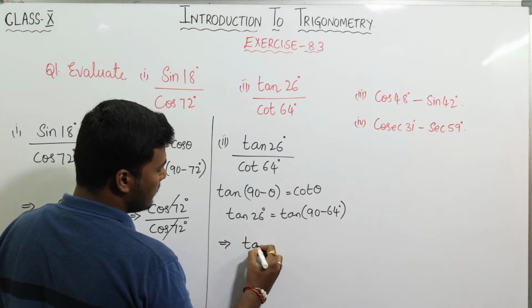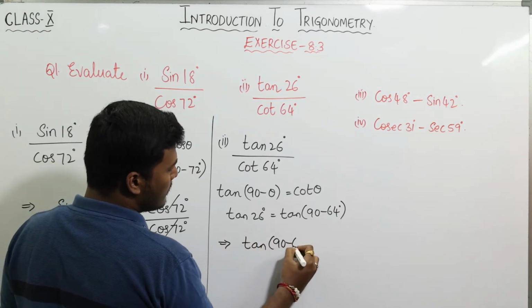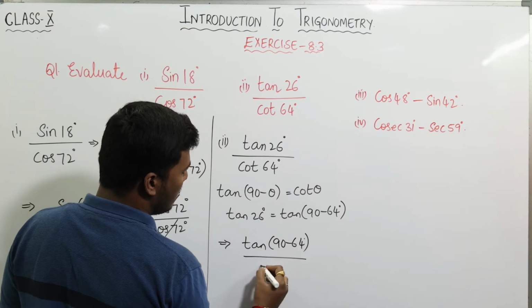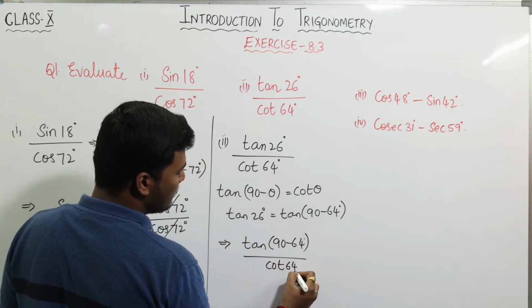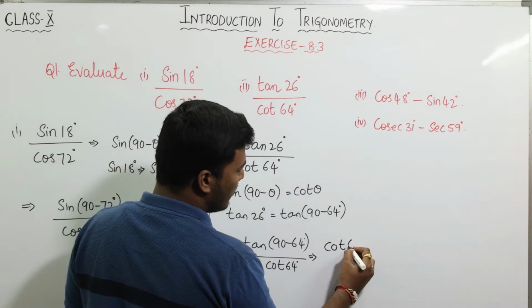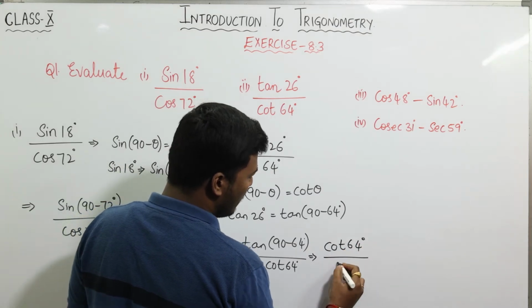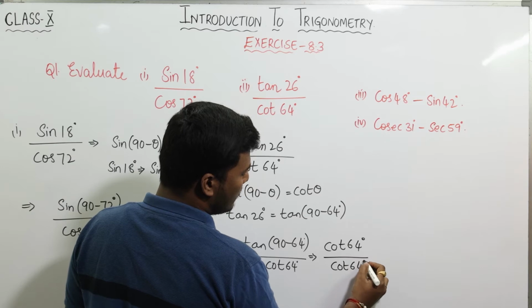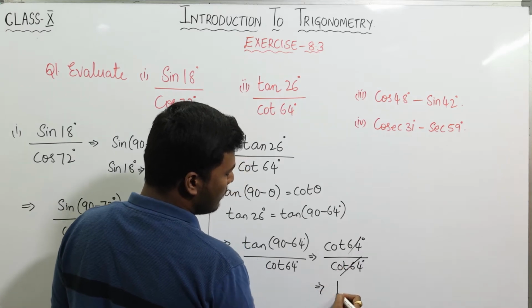This gives tan 90 minus 64 degrees by cot 64 degrees. Tan 90 minus theta is nothing but cot theta, that is cot 64 by cot 64, both get cancelled. Answer is 1.